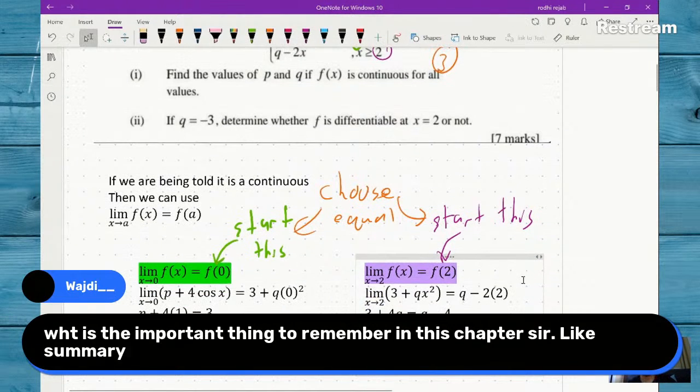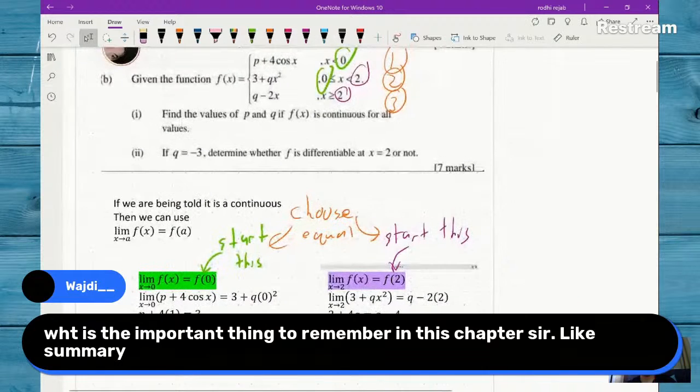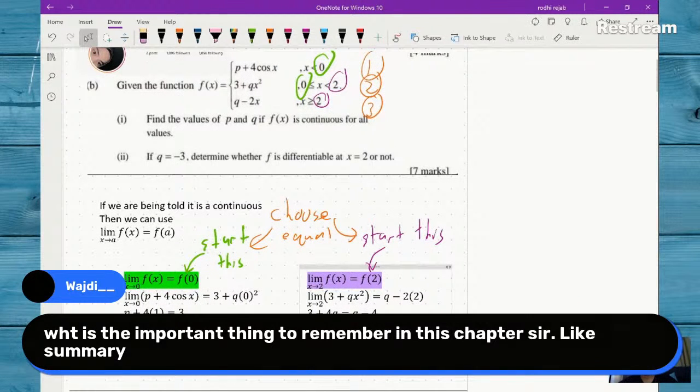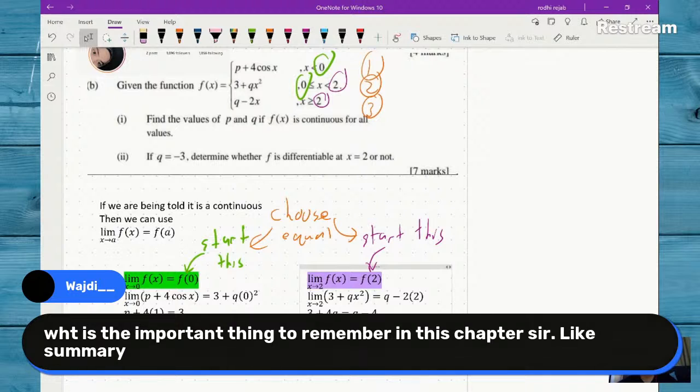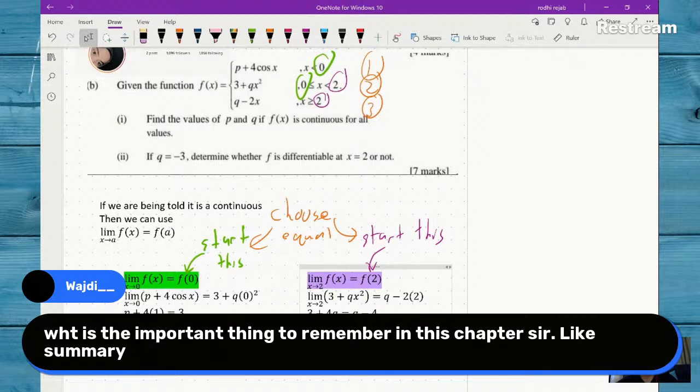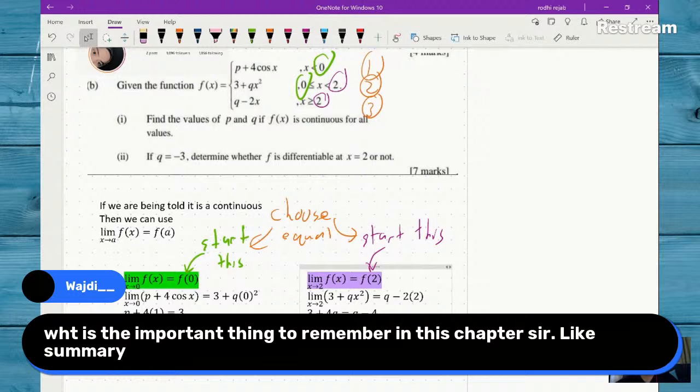Let me just double check. Because it's not a good number, so I want to double check. Unless Zati can post the answer, then I will be faster.